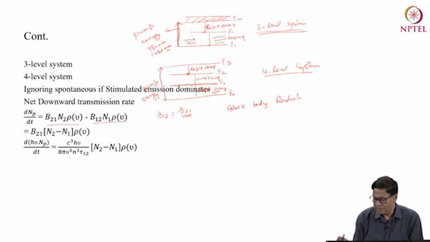If you equate these Einstein relationships with black body relations, you get the value of B21, which is written here.